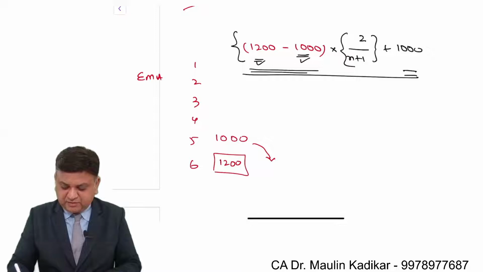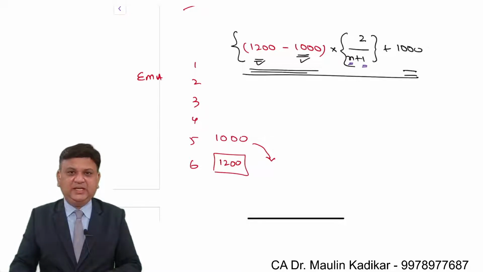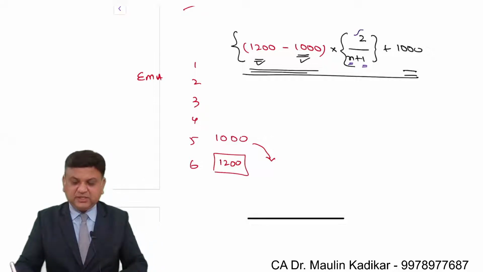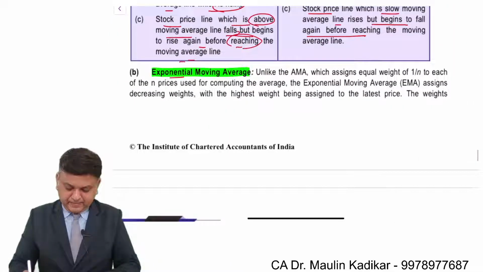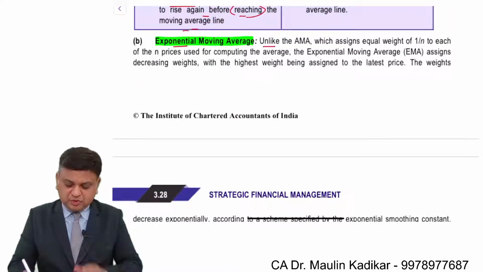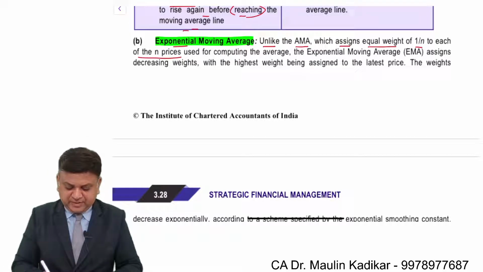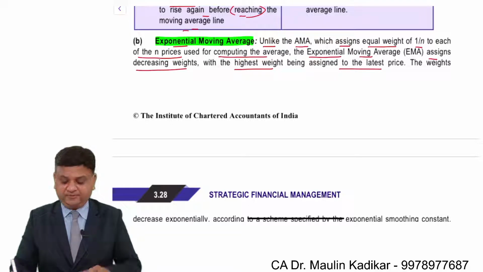N indicates the number of observations. Usually we have the weight of 1 divided by n, but since the numerator is 2, it is n plus 1, and that weight is assigned to the recent change. Unlike the arithmetic moving average, which assigns equal weight 1 by n to each of the n prices used in computing the average, the exponential moving average assigns decreasing weights, with the highest weight assigned to the latest price.